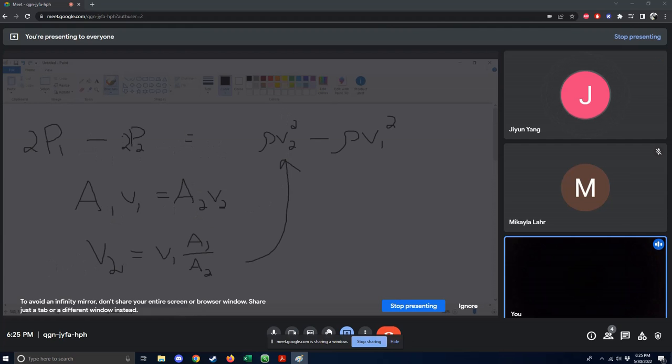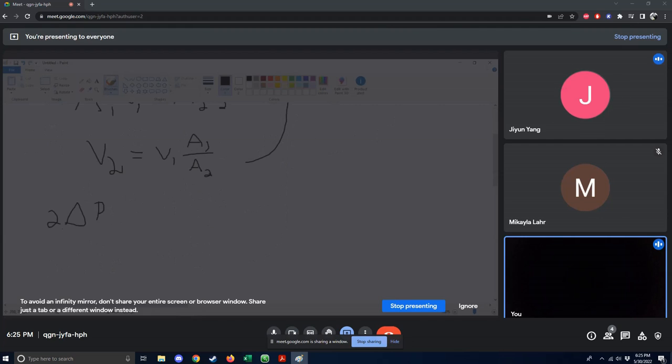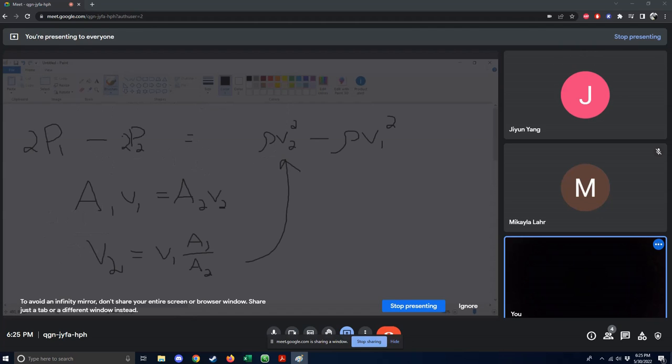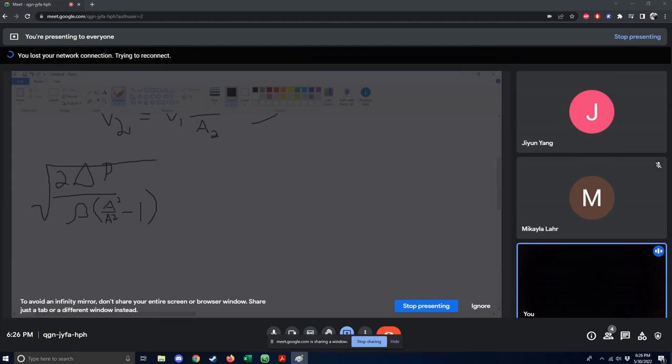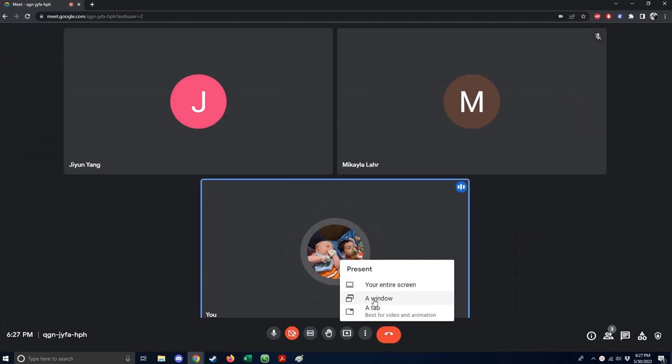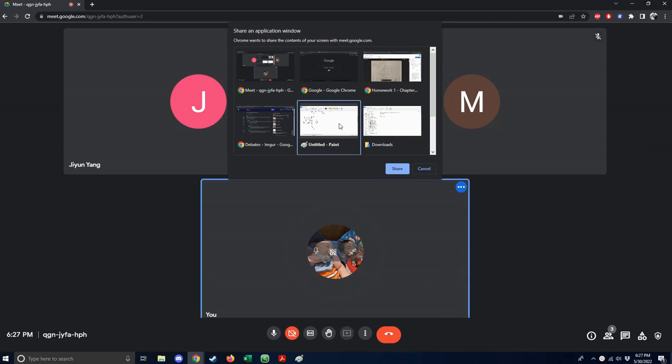So 2 delta p divided by rho, then it would be A1 squared over A2 squared minus 1. I think you end up getting something that looks like this.